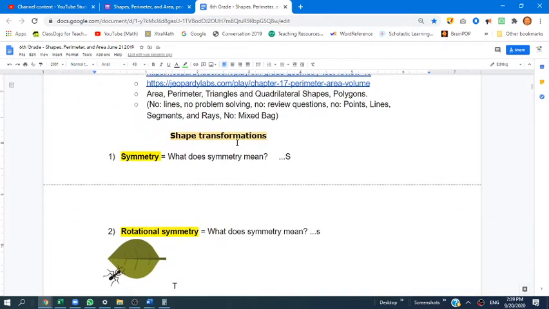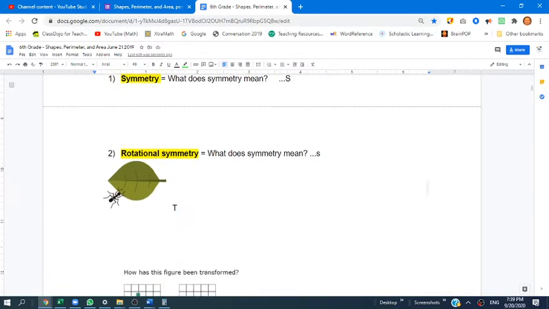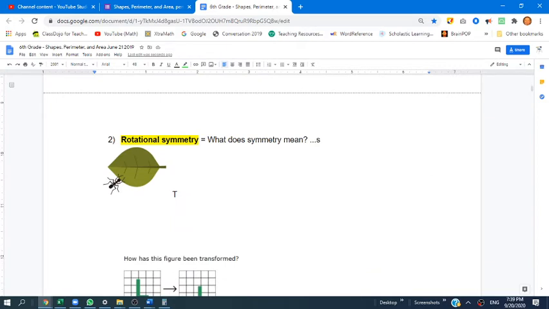Question number 1, symmetry. What does symmetry mean? Pause the video, answer the question, and then we'll go on to number 2. Number 2, what does rotational symmetry mean?